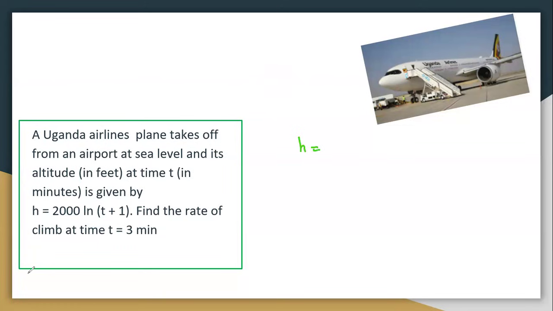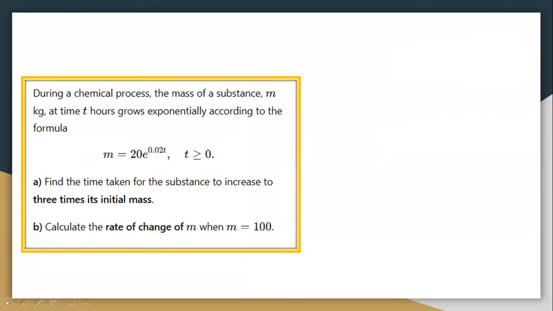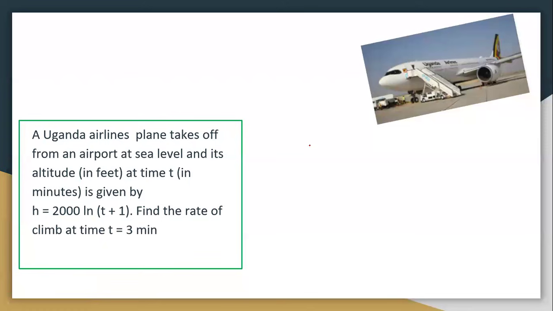Okay, we are getting dh/dt. So our h is equal to 2000 natural log of t plus 1. We shall differentiate this, ln of t plus 1, which is 1 out of t plus 1.